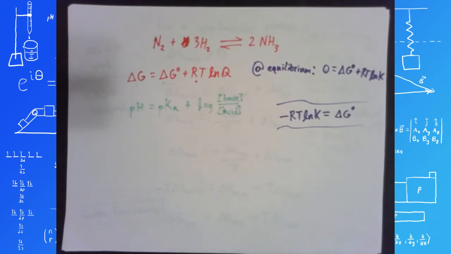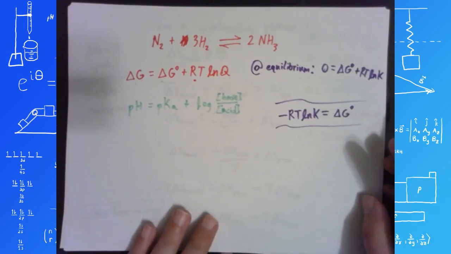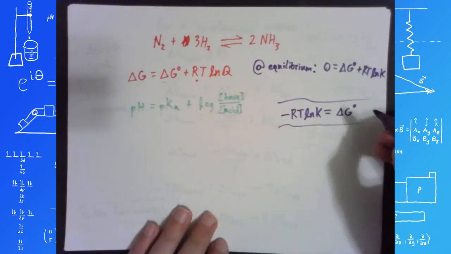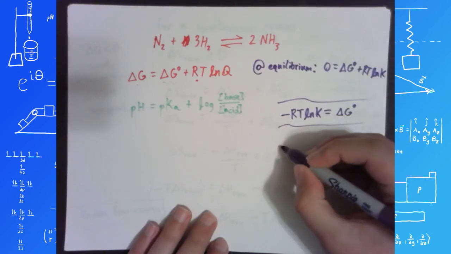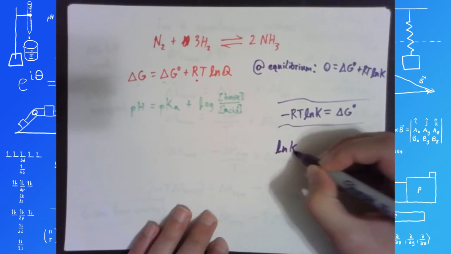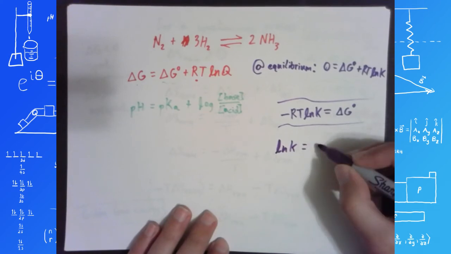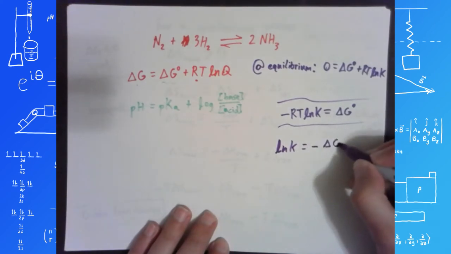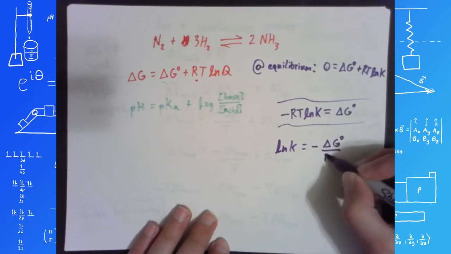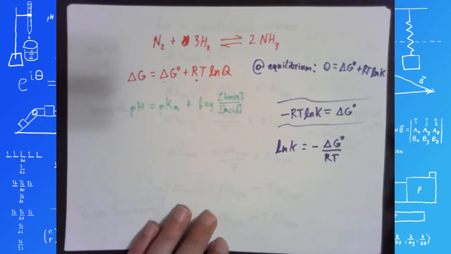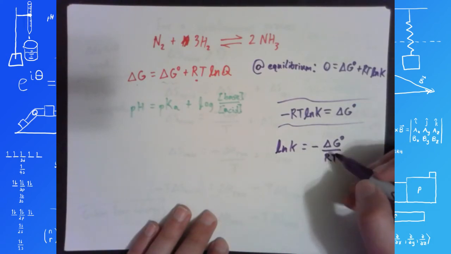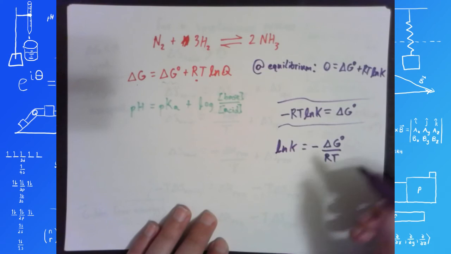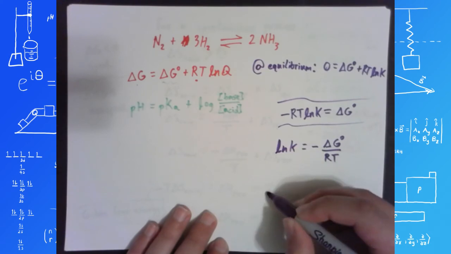We can rearrange this and say that ln of K is equal to negative delta G standard over RT. And if I exponentiate both sides, e to the ln K equals e to the negative delta G standard over RT.